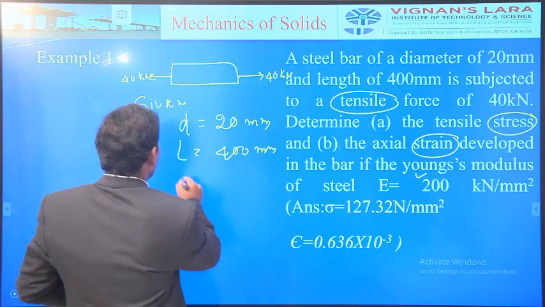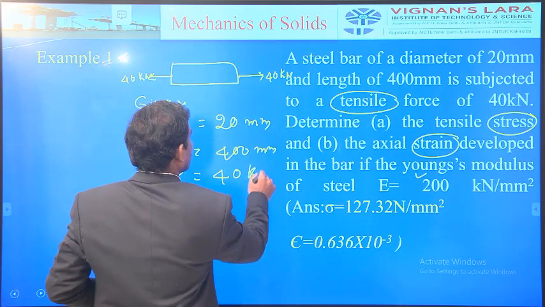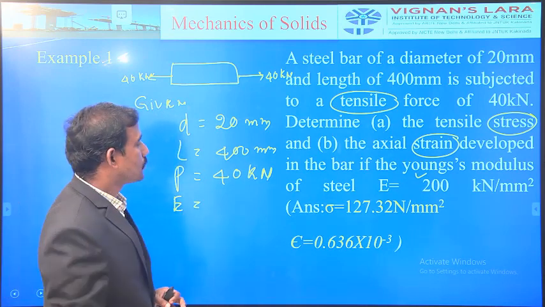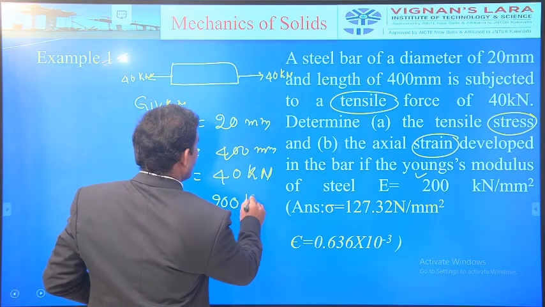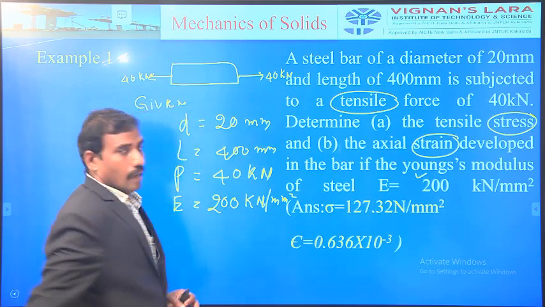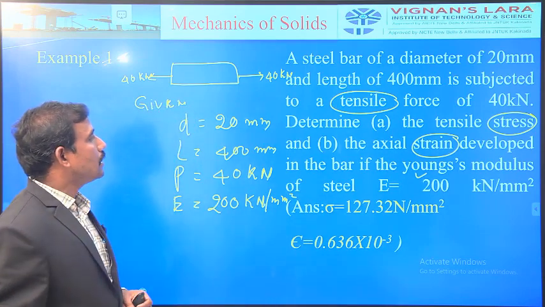The load P is equal to 40 kilonewtons. The Young's modulus is equal to 200 kilonewton per mm square. This data is sufficient to determine the tensile stress and strain.